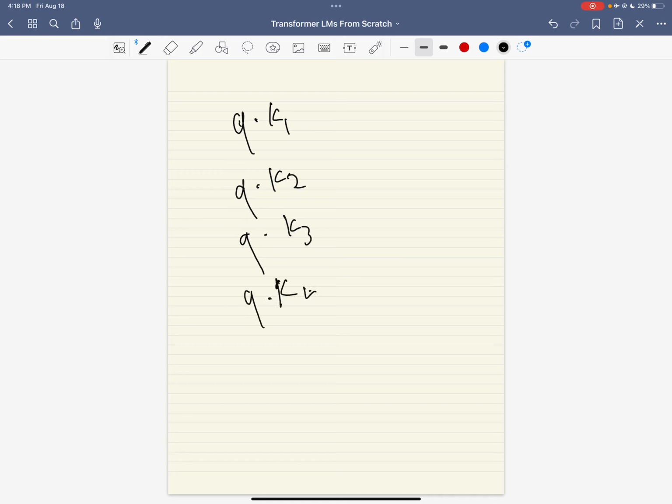We just modify that. So if you remember, our query over there was the 4th word. What we do in ALiBi is we subtract a bias that is linearly decreasing in the distance between the query and the key. So instead of Q times K4, here it would be the same, minus 0 times B, the bias.